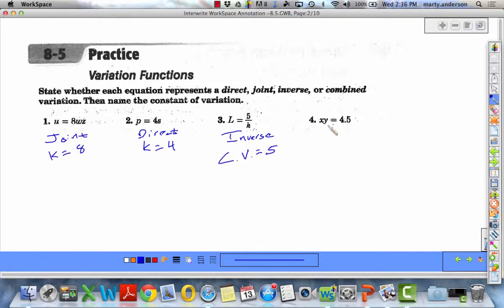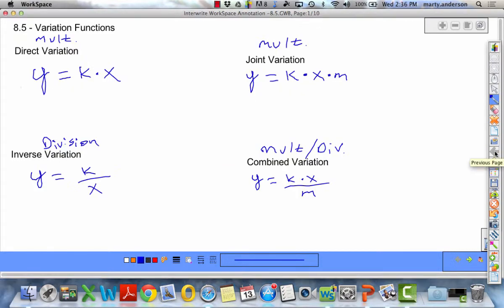This one's a little bit different. We have x times y, so we could solve for the constant of variation in these other guys here. You could solve for k here. If you solved for k, we would divide both sides by x. So direct variation, k is equal to y over x. If I did this times x, k equals x times y.